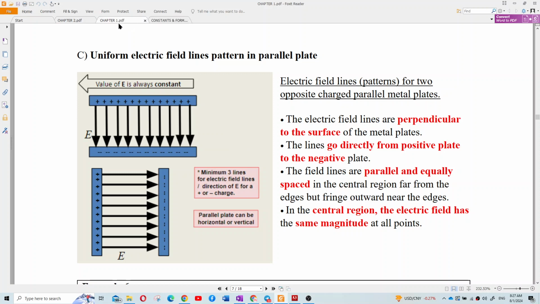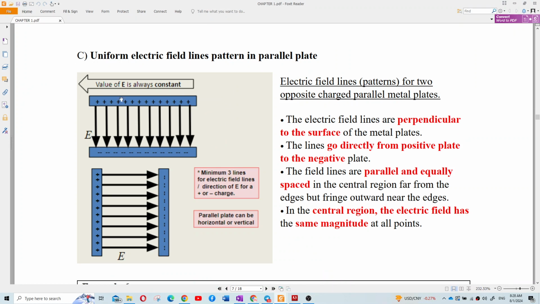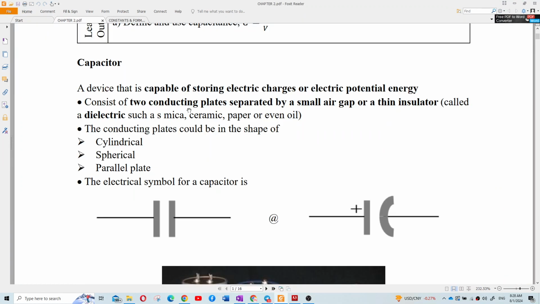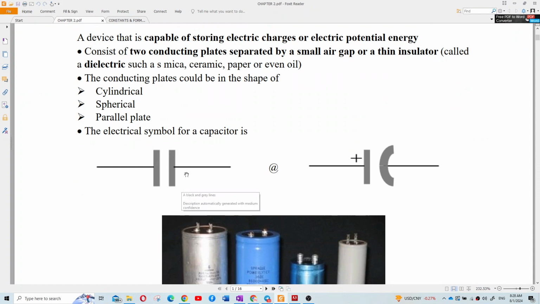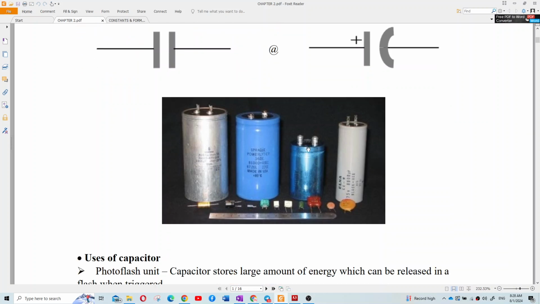Now you realize, it is actually a capacitor. So this is the parallel plate with uniform electric field. It is actually a capacitor. The two kinds of symbol are the same.